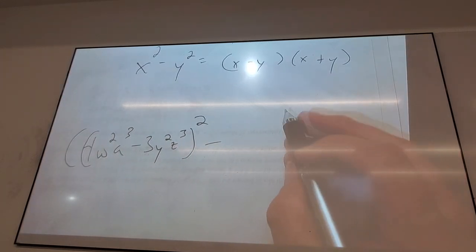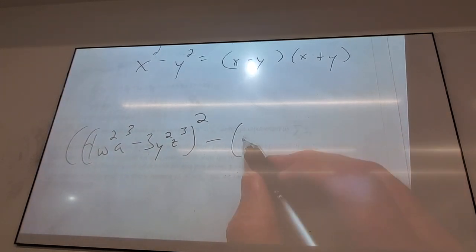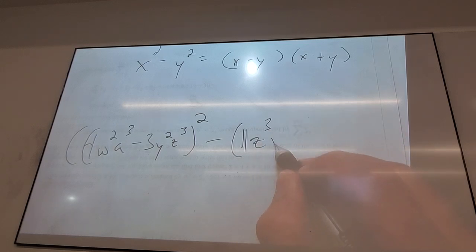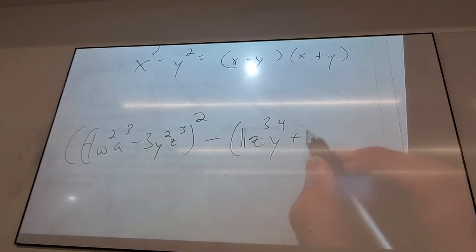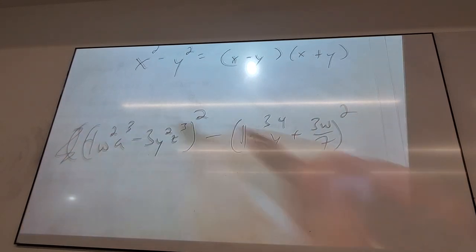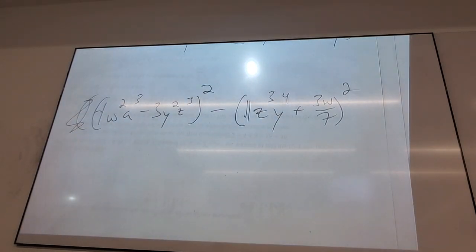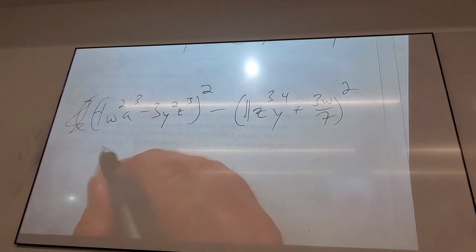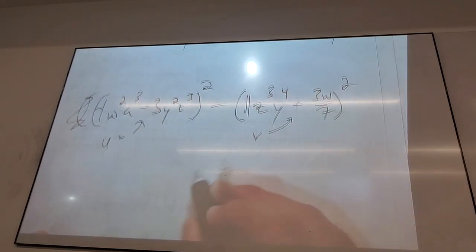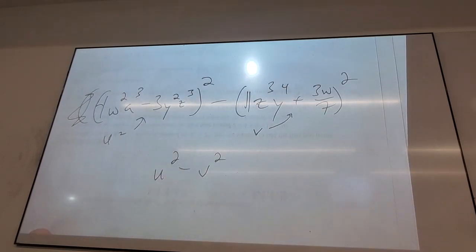How are you feeling so far? Do you see how that's a difference of squares? If I call this business u, and I call this business v, this is just u squared minus v squared, yes?